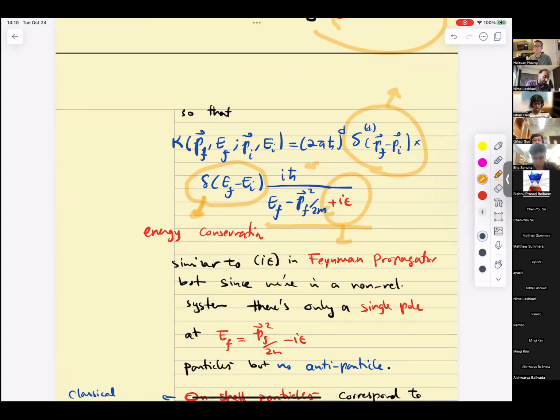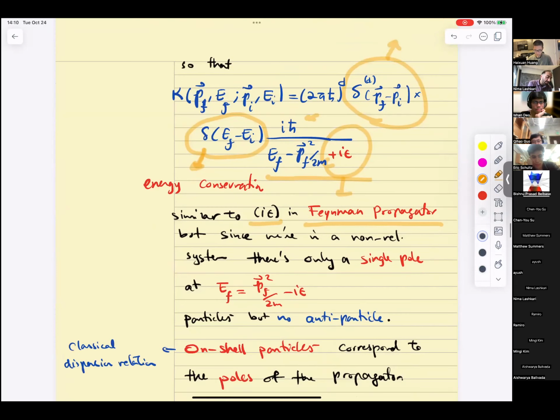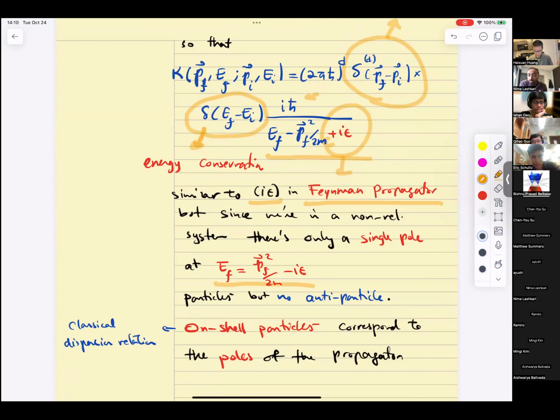Now, as I said, this i epsilon is similar to the Feynman propagator that we defined, right? There's one difference though. In the Feynman propagator, we had two poles. Here we have a single pole. It has to do with the fact that the problem we're solving is non-relativistic. So there is a particle, but no antiparticle.